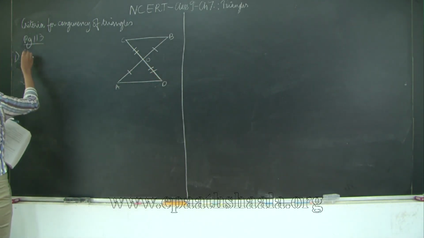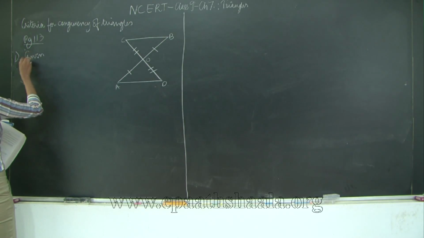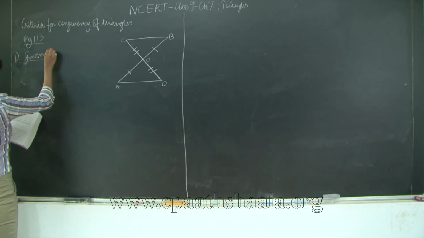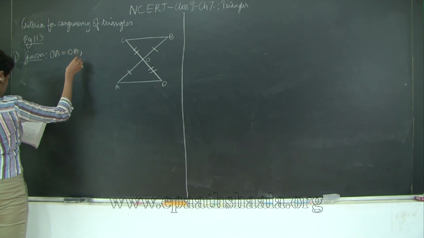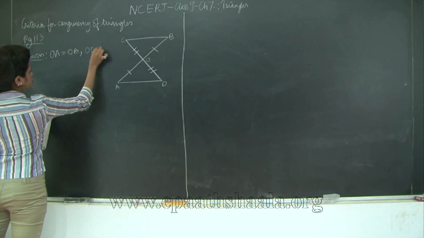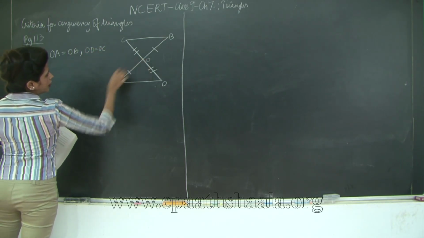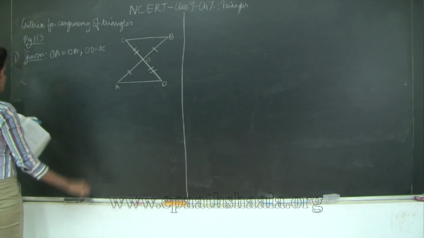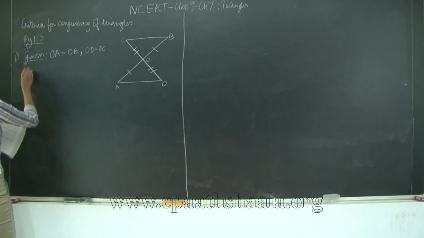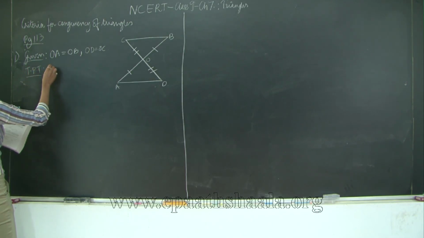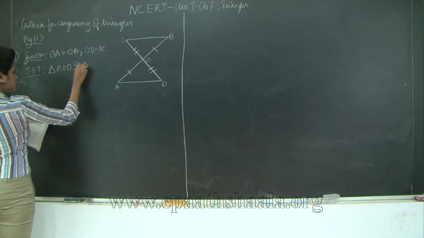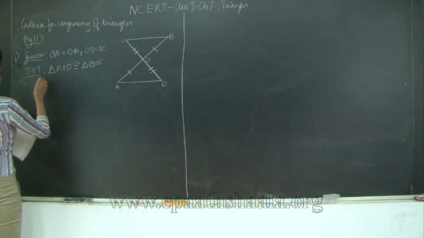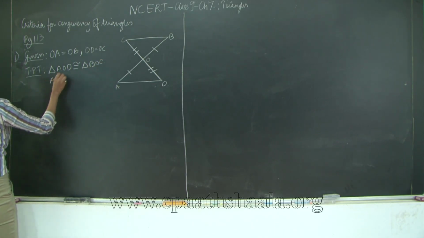Now let's see what needs to be done. So let's write the given. OA is equal to OB, OD is equal to OC. So this is marked. You need to prove that triangle AOD is congruent to triangle BOC and AD is parallel to BC.